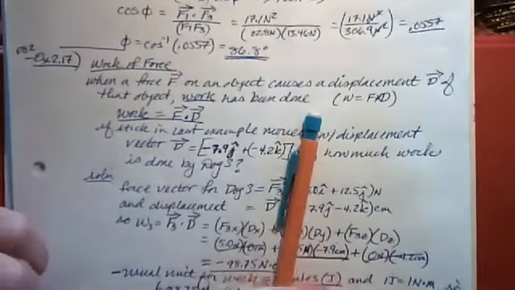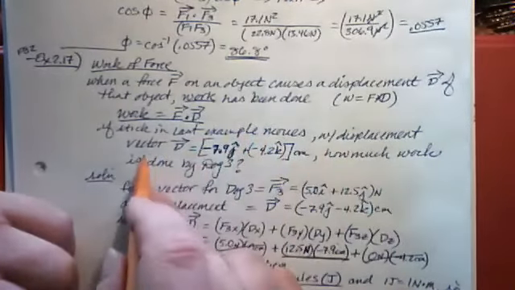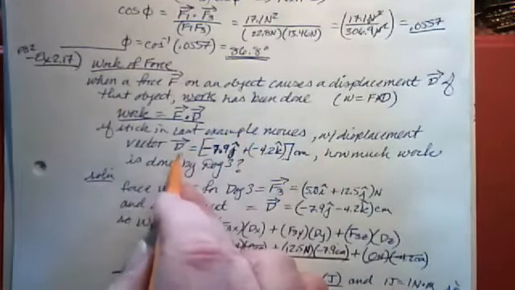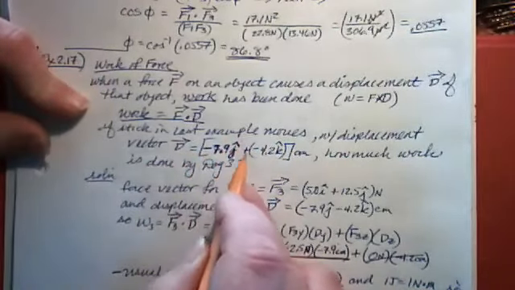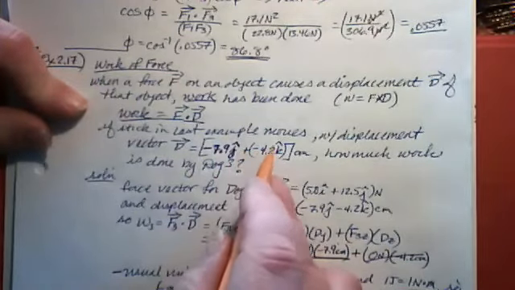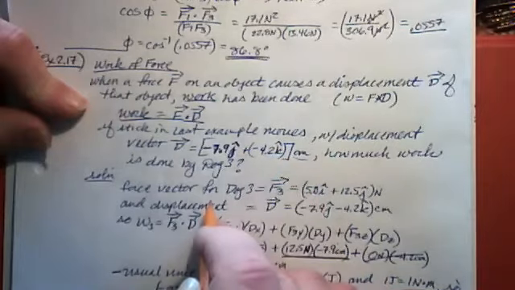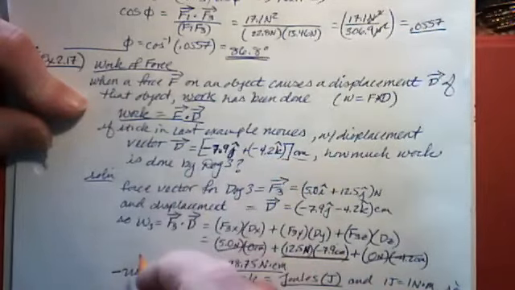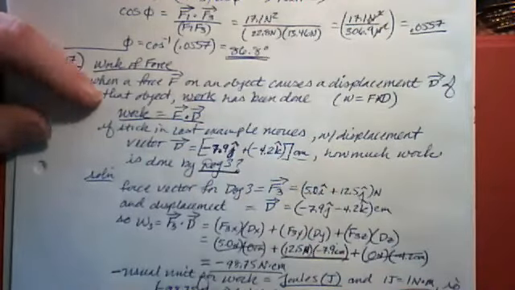In this case, though, we're assuming that the stick does move and that its displacement, which is a vector, has the equation minus 7.9 unit vector j plus or minus 4.2 times the unit vector k centimeters. And then the question is, how much work is done by dog number 3?